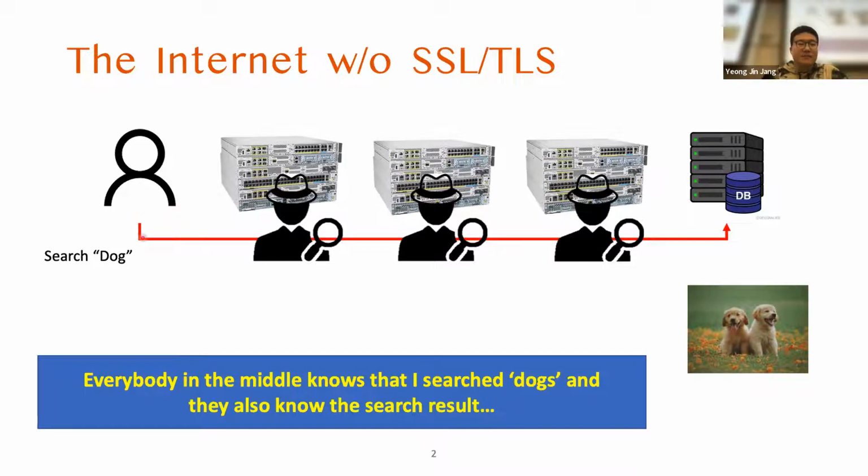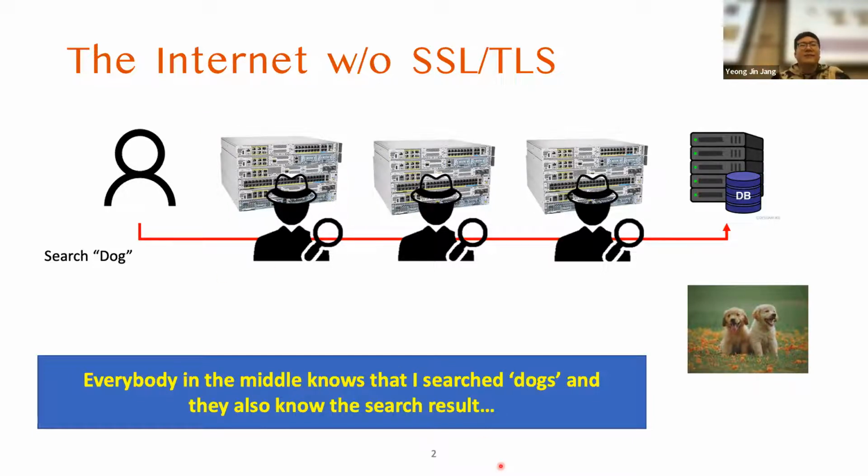So surprisingly, when you communicate over the internet without any additional security, every packet is just plain text, and there are so many middlemen, routers routing your traffic, that can all see your traffic and also the returning traffic.